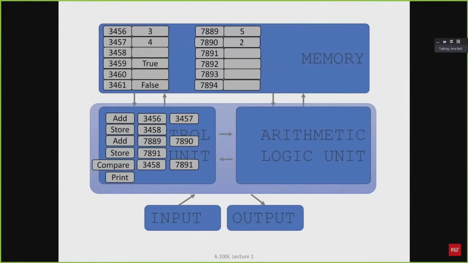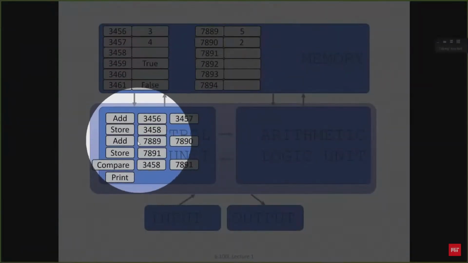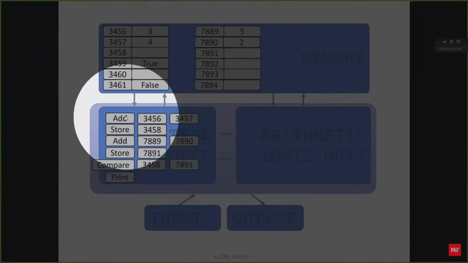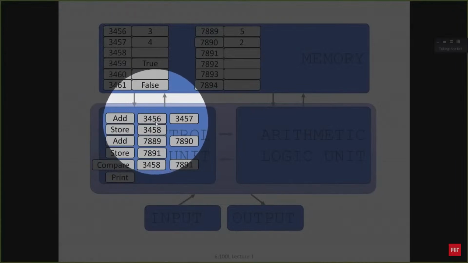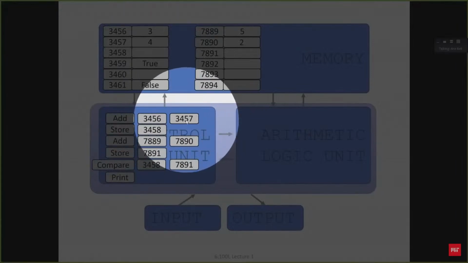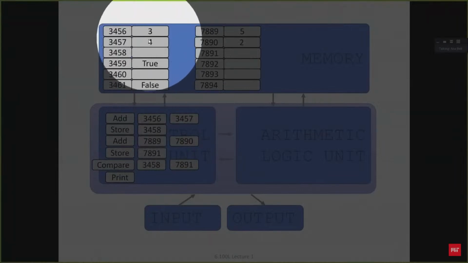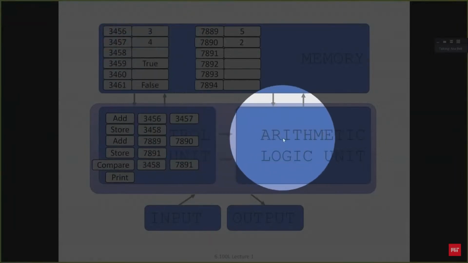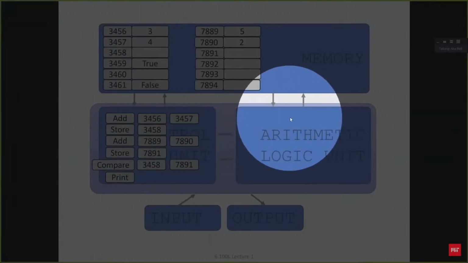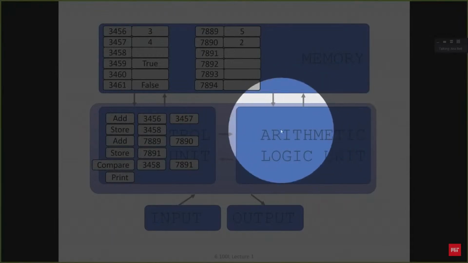When we first run this program, the interpreter sees the first instruction: add the values at 3456 and 3457 together. So it goes to these memory locations, grabs the 3 and the 4, and sends them to the arithmetic logic unit. The ALU knows how to do the addition, so it adds 3 plus 4, 7, and sends the result back.